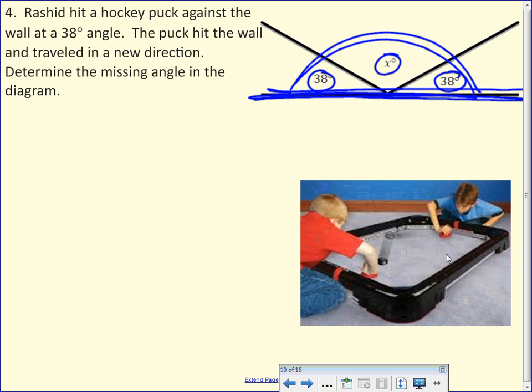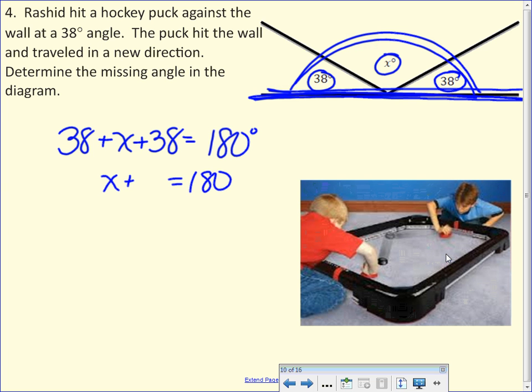So I'm going to take my three angles, add them up, and set them equal to 180. Excellent. What should I do first? So what is 38 plus 38? 76.